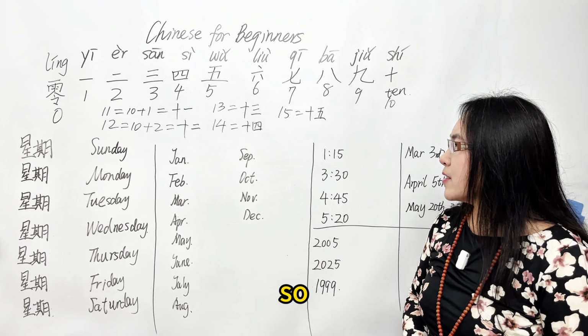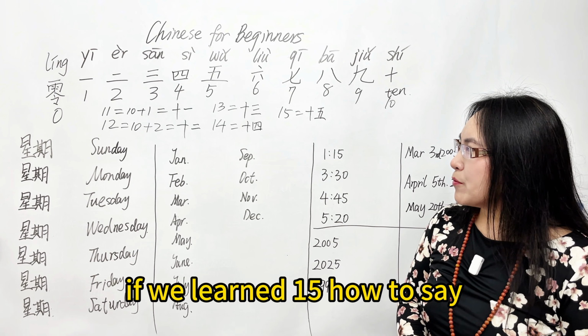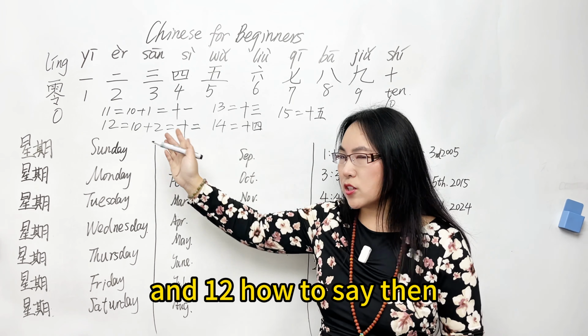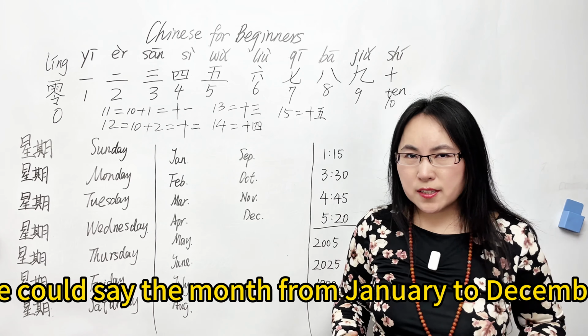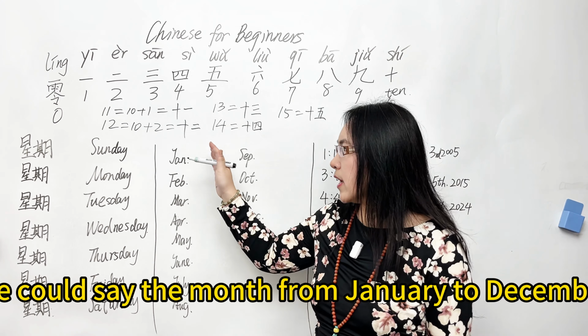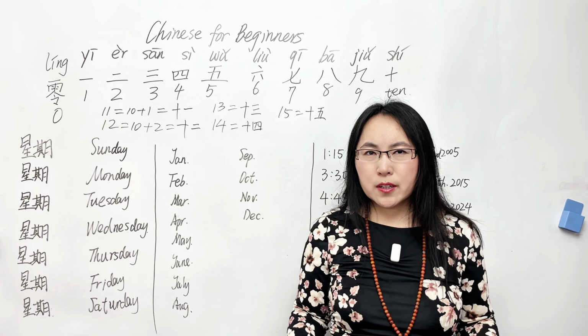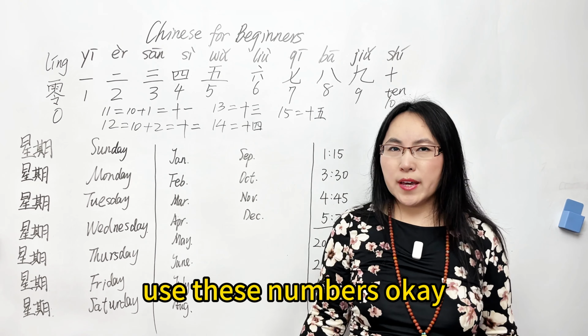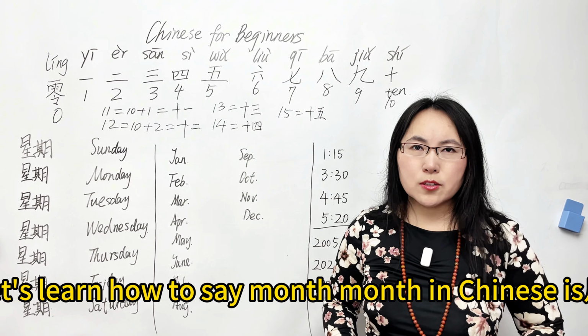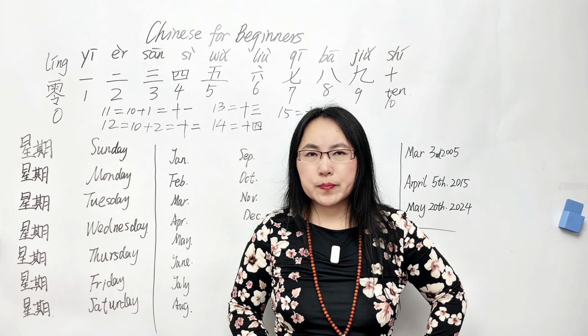Yes. So, if we learned how to say 15 and how to say 12, then we could say the months. From January to December, use these numbers. Okay, let's learn how to say months. Months in Chinese is 月.